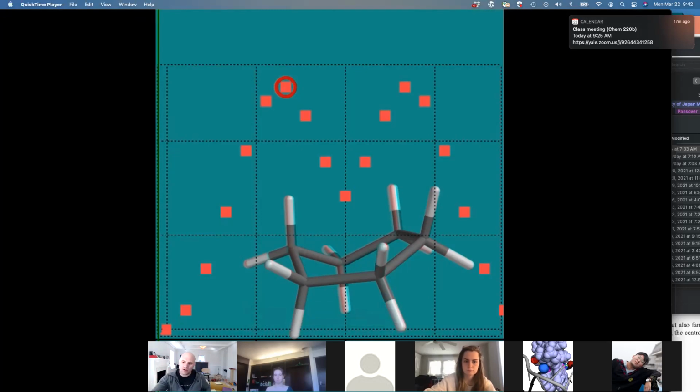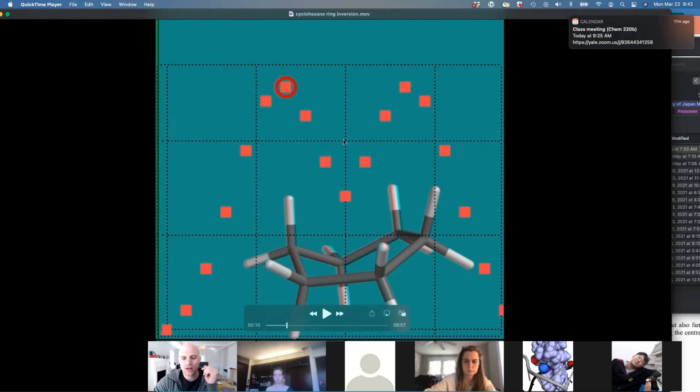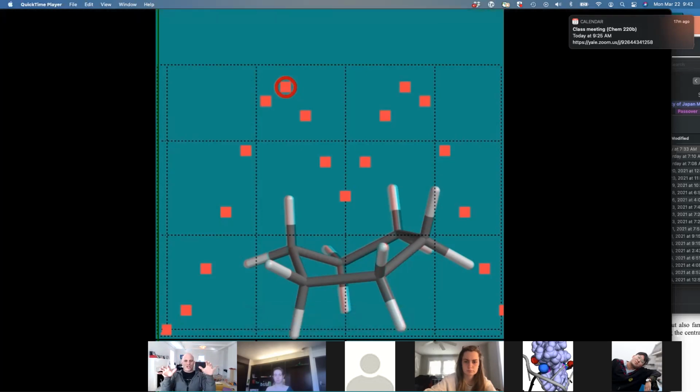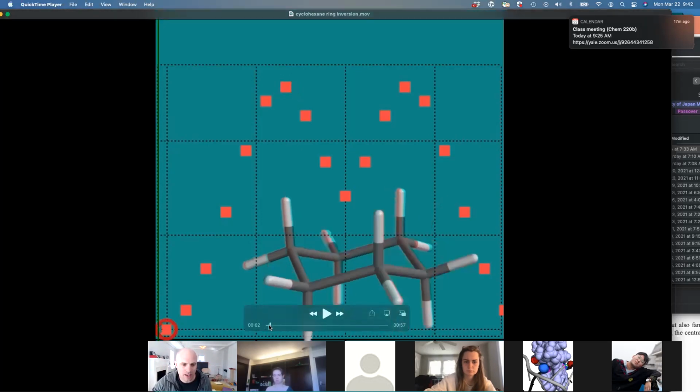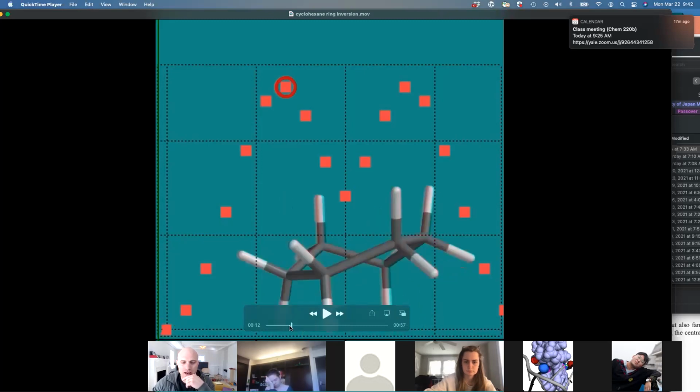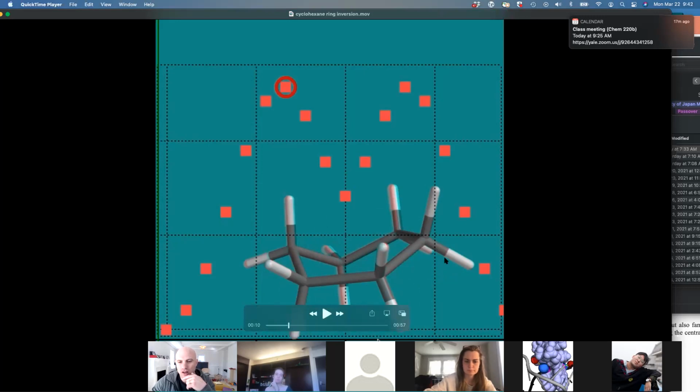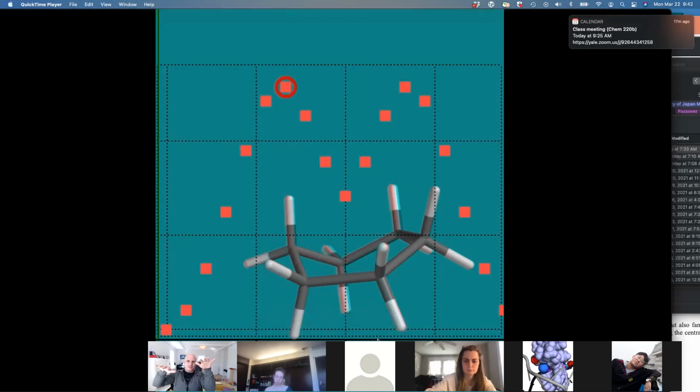And the reason we call it a half chair is that, if you think about the defining elements of the chair as this pucker up on the left and this pucker down, if I go back to my half chair, what I've done is flattened out the carbon that was puckered down. So what's left is half a chair. That sort of makes sense, okay?